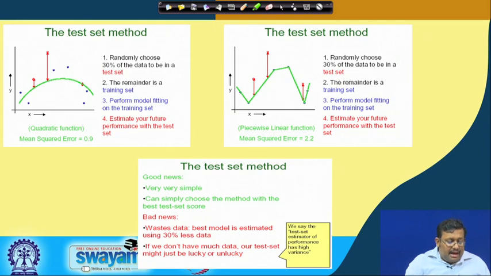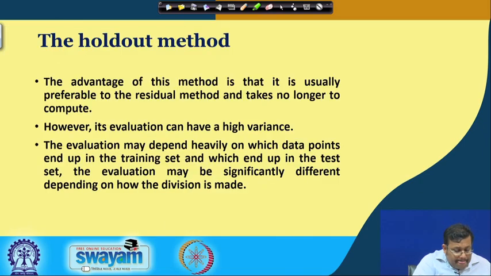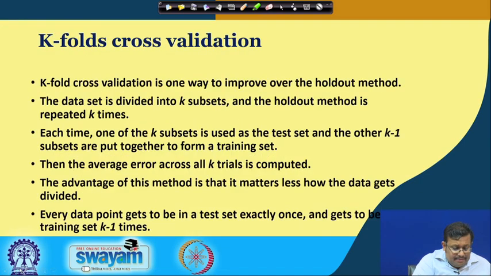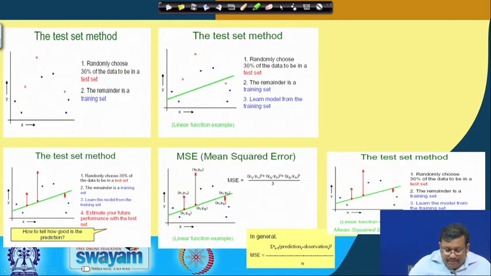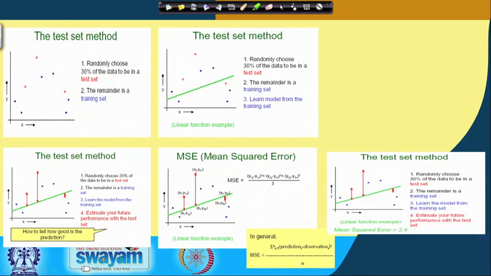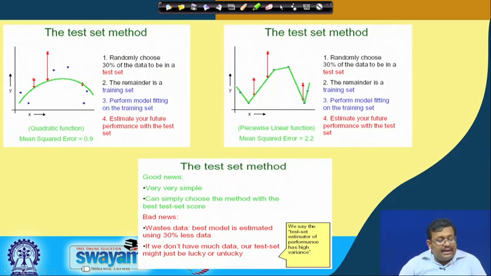You can see in the linear regression we are getting a mean square error of 2.4, in the quadratic method we are getting 0.9, and in the piecewise method we are getting 2.2. So, by seeing this result, we can say that the quadratic function shows the best fit to the available data.